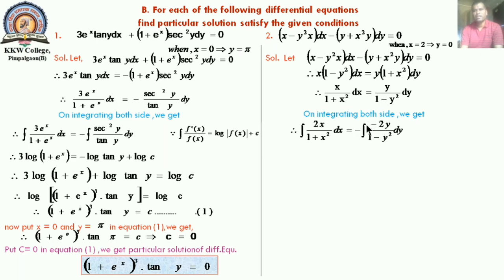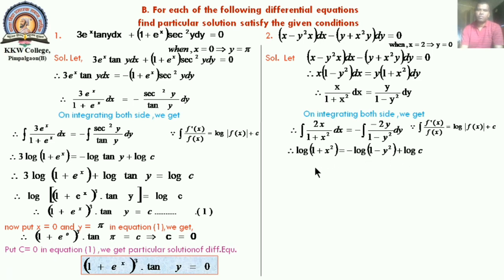Add this minus sign here, minus of minus. Now the derivative of 1 plus x square is 2x, present in the numerator. The derivative of the denominator 1 minus y square is minus 2y. In this formula, integration of f dash of x upon f of x, therefore we get log of 1 plus x square is equal to minus log of 1 minus y square.